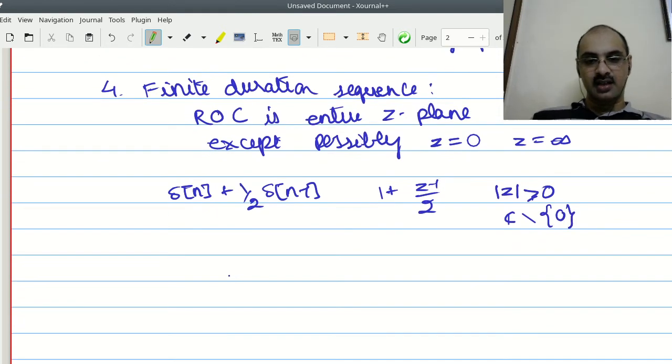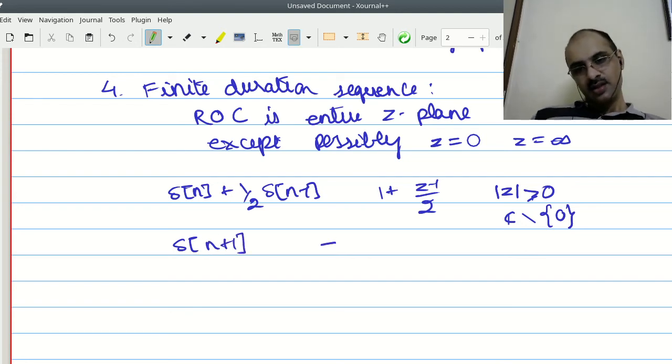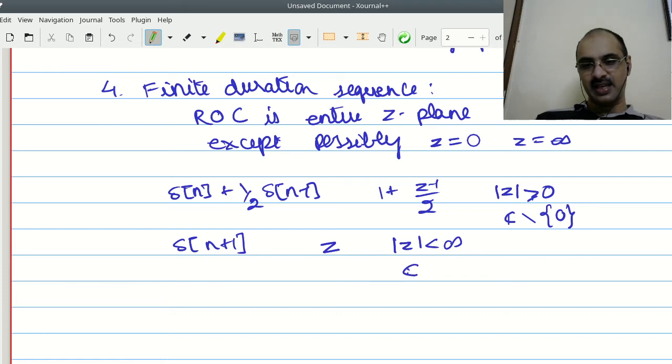If you take an anti-causal sequence, like delta[n plus 1], this is z and the ROC is mod z less than infinity, which is the same as saying the full complex plane minus just infinity.